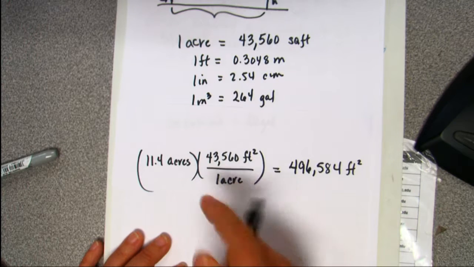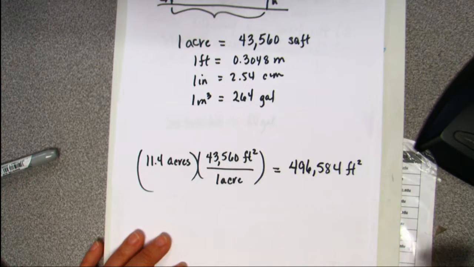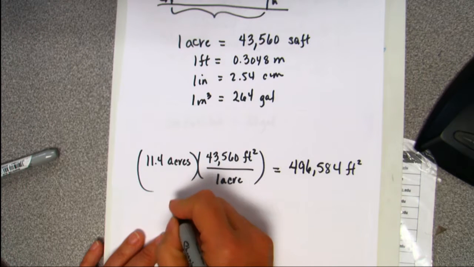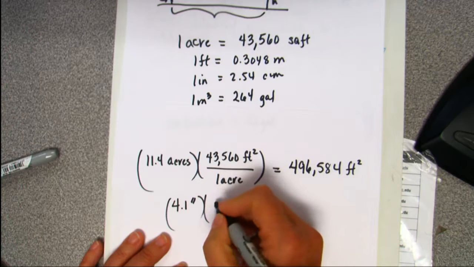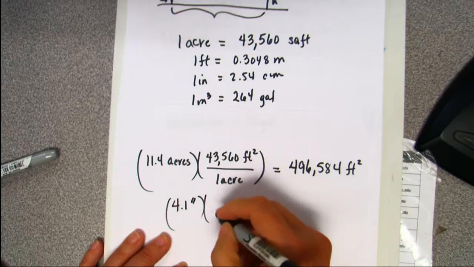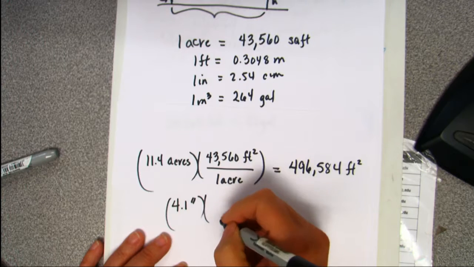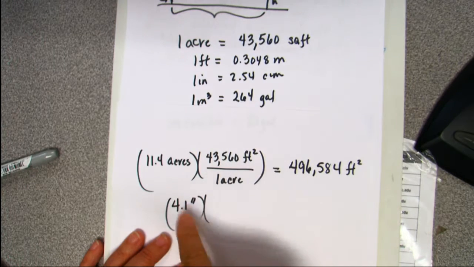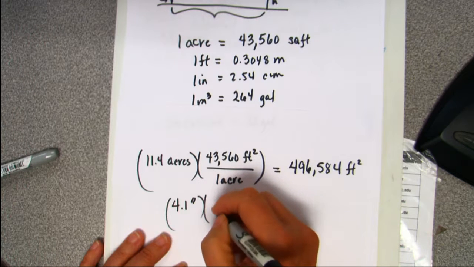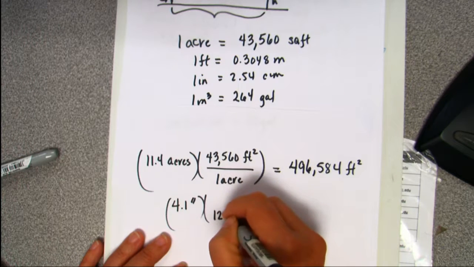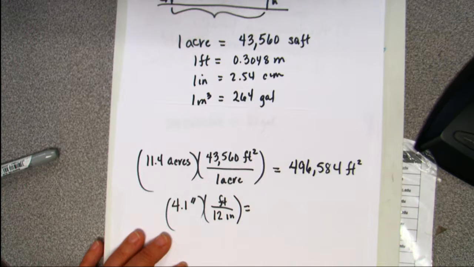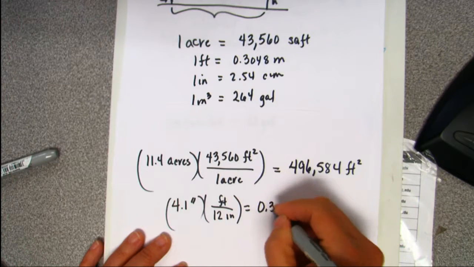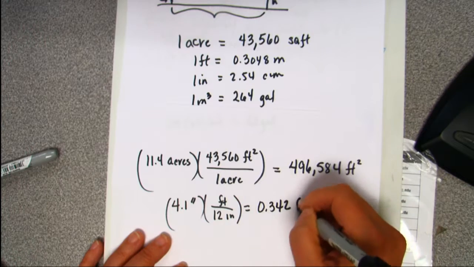So this is area. I want to go to volume. I'm in feet. So 4.1 inches, and there's 12 inches per foot. So this is going to give me feet. That's going to be 0.342 feet.